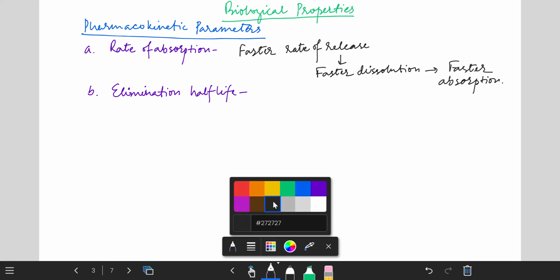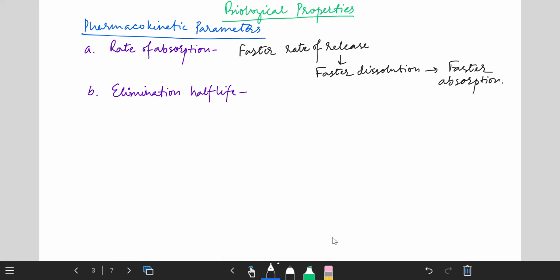Drugs with a smaller half-life are suitable for this system, because if the half-life is smaller, a larger amount of drug can be incorporated. So a smaller half-life is suitable for CRDDS.